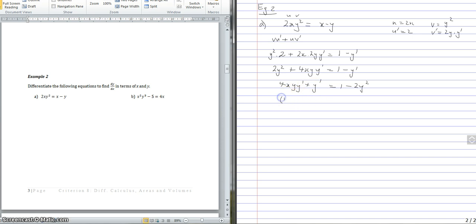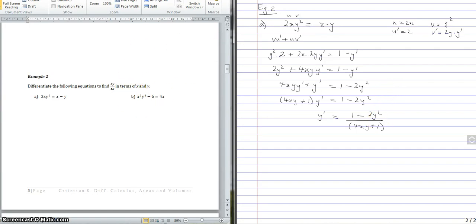So it's 4xy plus 1 in brackets outside of y dash equals 1 minus 2y squared, and then y dash equals 1 minus 2y squared over 4xy plus 1. Didn't really need those brackets. Okay, so that's our solution.